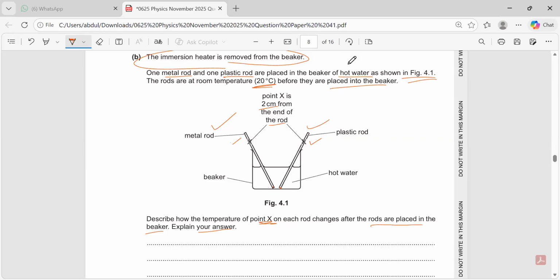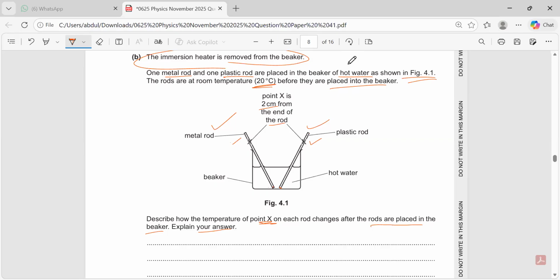Metal is a good conductor. They did not say heat, they said temperature. So the temperature at point X of the metal rod will increase faster, while the temperature of the plastic rod will increase, but slowly with time. So in this way, 3 to 4 marks we can score.